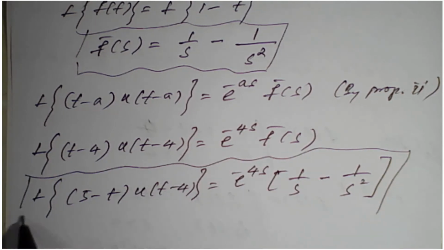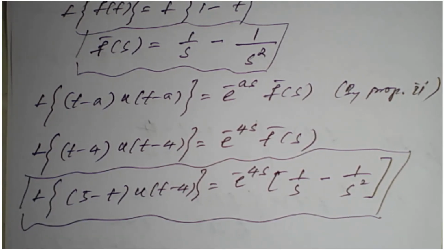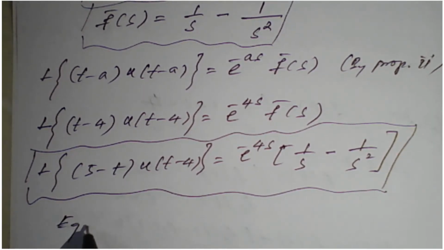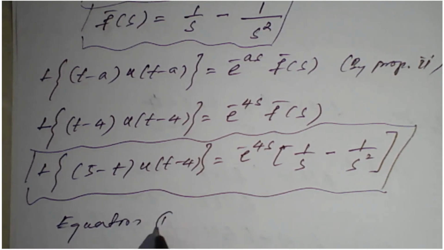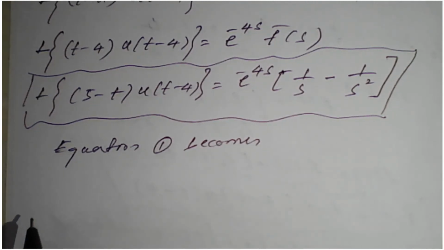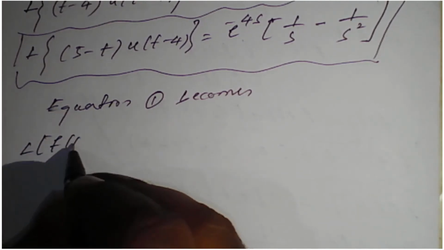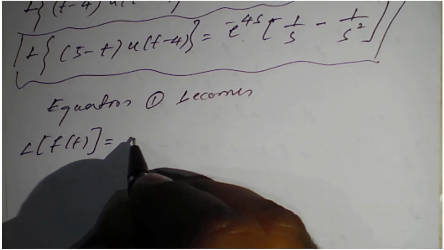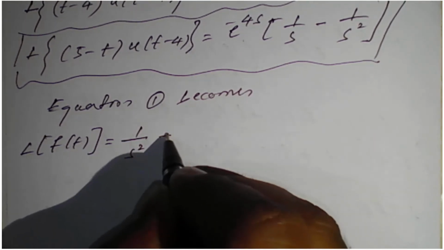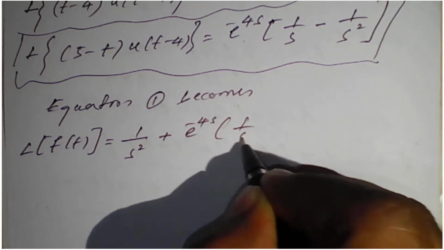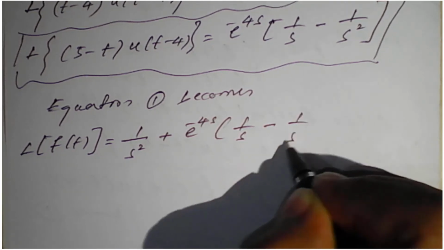So this result and the Laplace transform of t, which we already have taken, both together we replace in equation number 1. So equation 1 becomes: Laplace transform of f of t will become 1 by s square plus e raised to minus 4s into 1 by s minus 1 by s square.